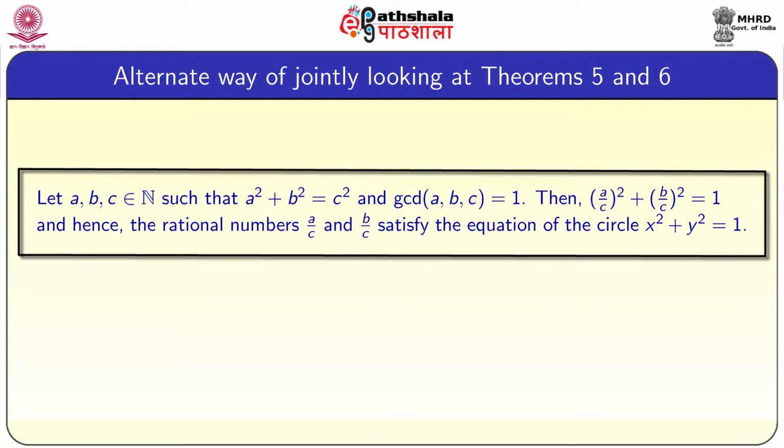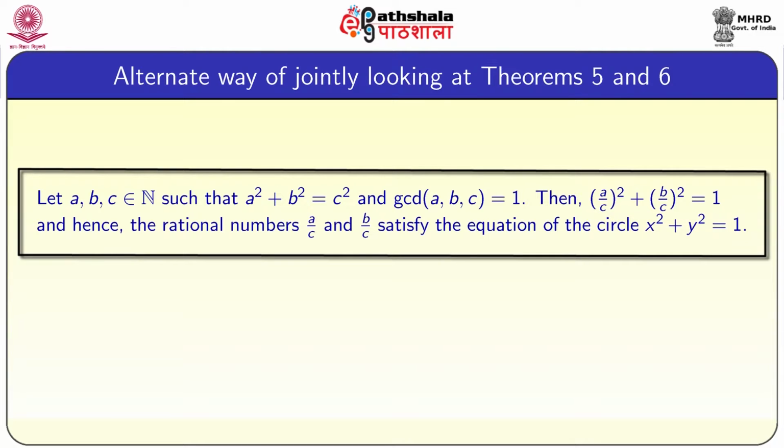Let a, b, c belong to N such that a square plus b square is equal to c square and GCD of a, b, c is equal to 1. Then what we can do, we can divide throughout the equation by c square, then we can see that (a by c) whole square plus (b by c) whole square is equal to 1.